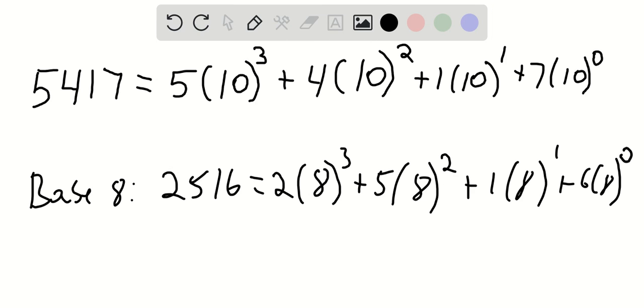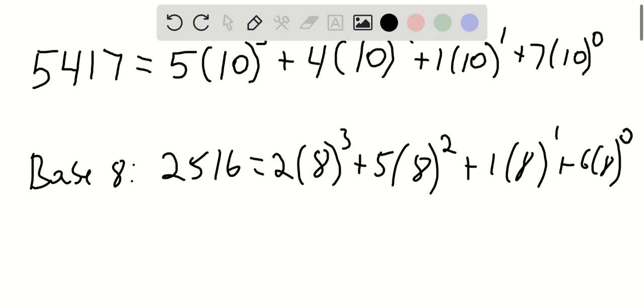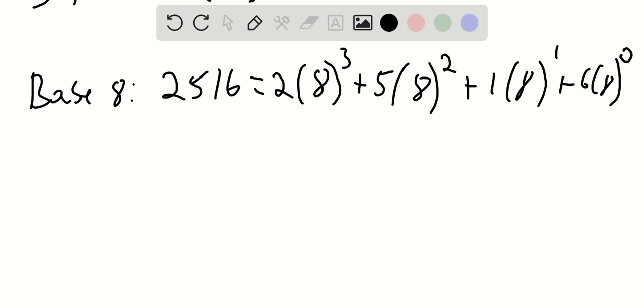Like in base 10, for example, we have 10 digits, 0 to 9. In base 8, yes, we do have 8 digits, 0 through 7. But how about we have a fractional base? Let's say base 3 halves.